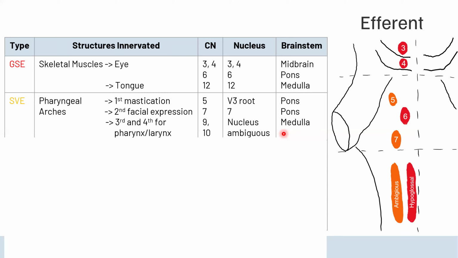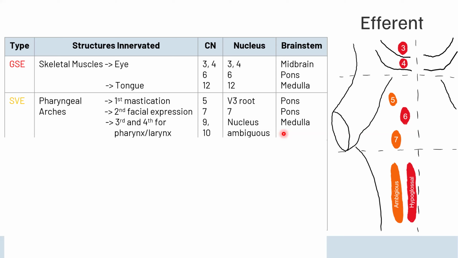So we have three things within this general visceral efferent. We're going to have pupillary constriction, lacrimation, salivation, and finally the actual supply to the viscera: the GIT, the CVS, respiration, and so on. Which nerve did we say was responsible for pupillary constriction? 3.